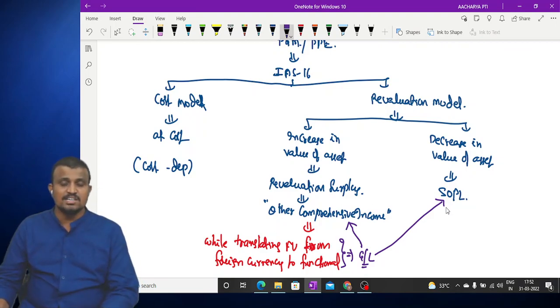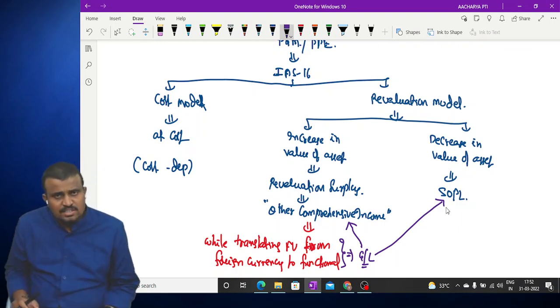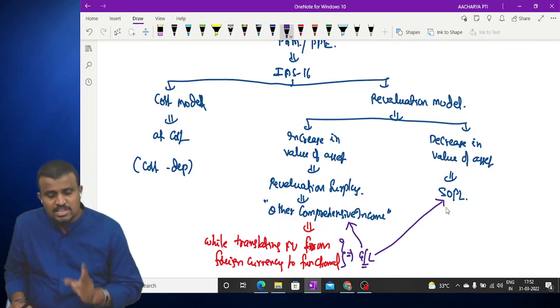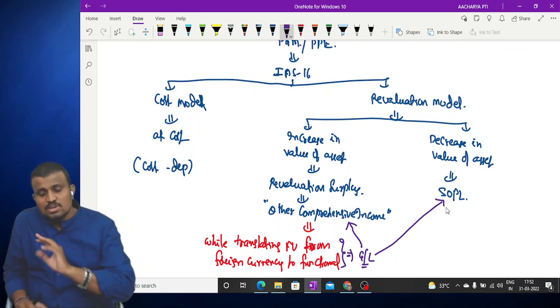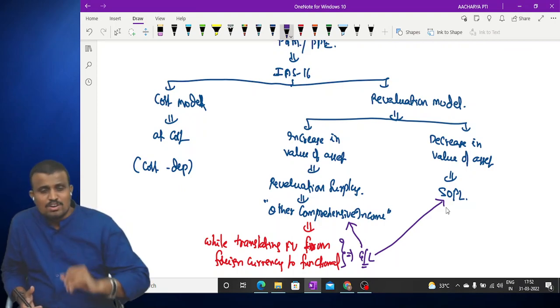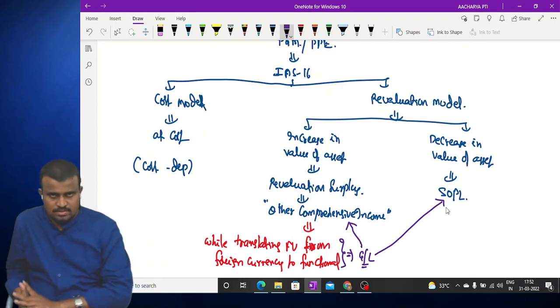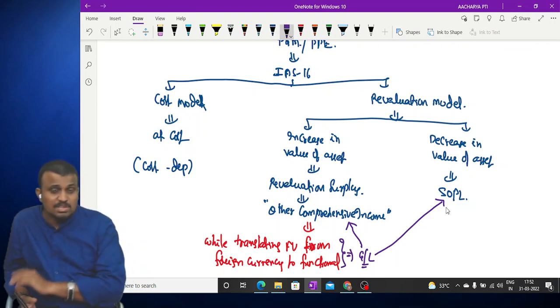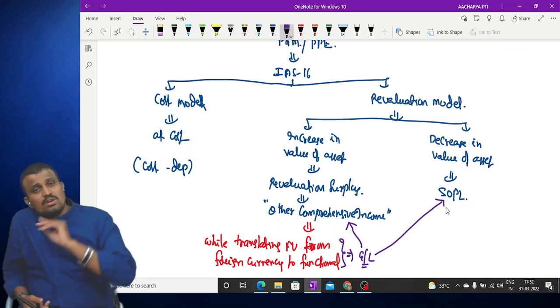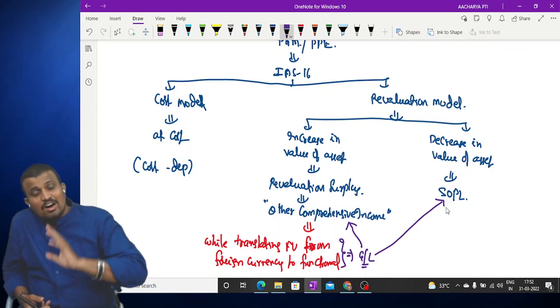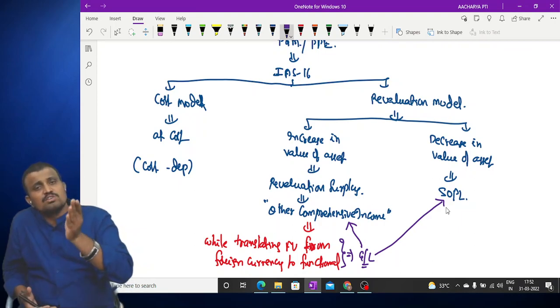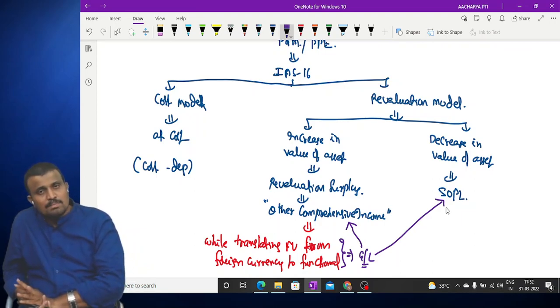So generally, property, plant and equipment is accounted in two ways, either the cost model or the revaluation model. In the cost model, no fair value is considered. We always record at cost, or in subsequent periods at book value, so there is no question of retranslation. But in the revaluation model, at the end of every year or on the date of the balance sheet, we have to consider the fair value of the asset.